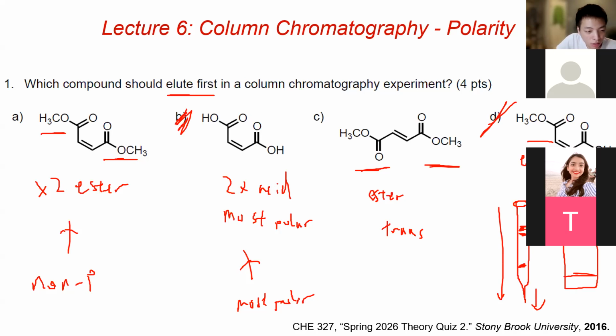And this only leaves us with A and C. And to determine which one is more nonpolar, we can see that there's a hydrogen. There's a hydrogen. There's some sort of interaction going on here. So that's why it's more polar than A.